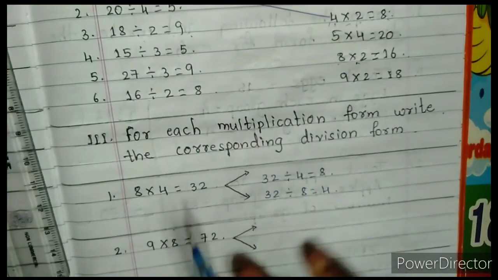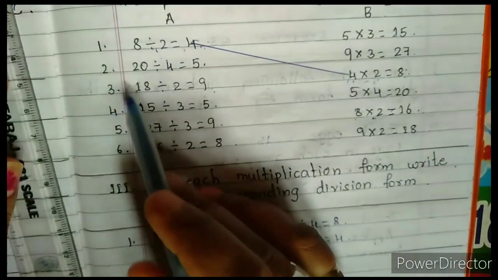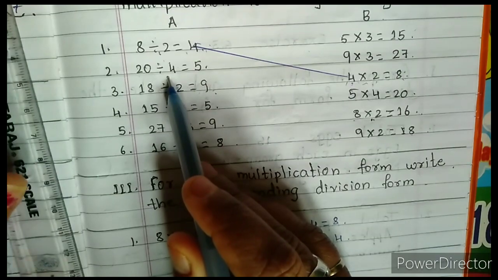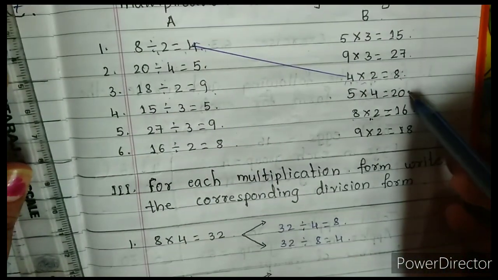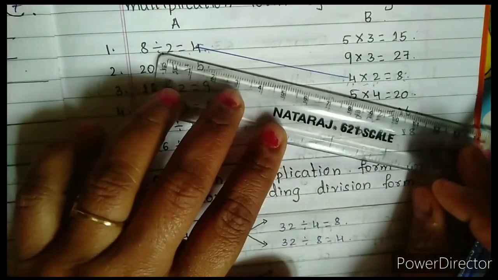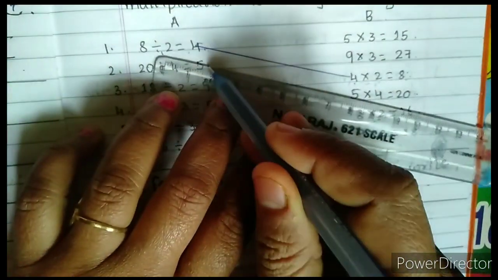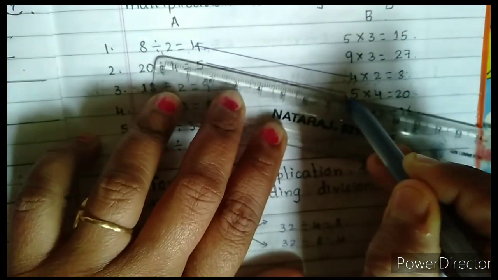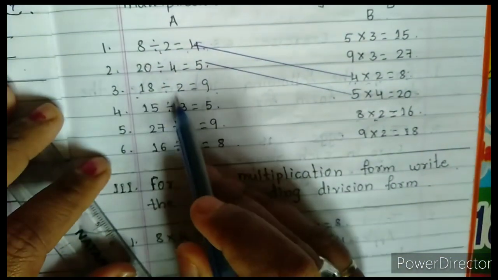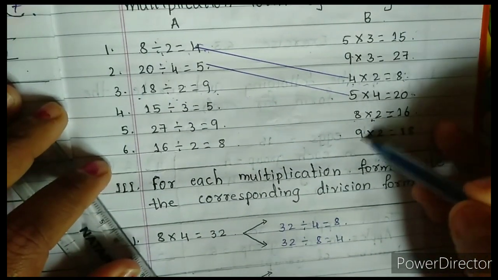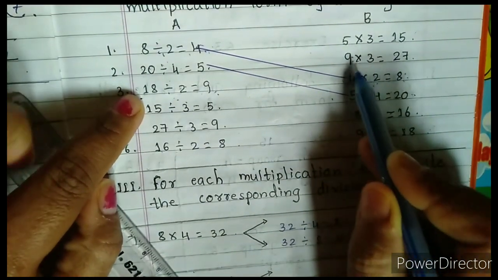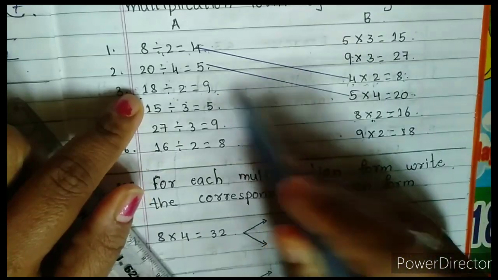Now, 20 divided by 4 equals to 5. So where is 20? Okay, so directly you can match, because there is no other 20 than this. 18 divided by 2 equals to 9. Where is 9? Okay, I got two 9s. I'll check with this line. 9 is there, 2 3. So this is cancelled.